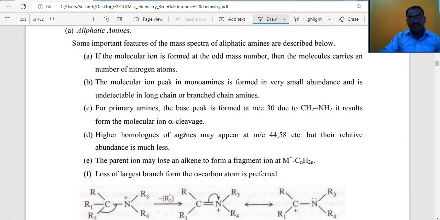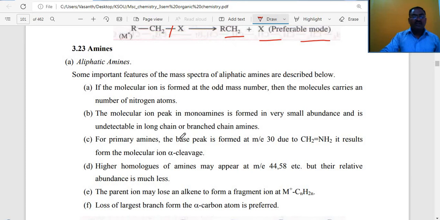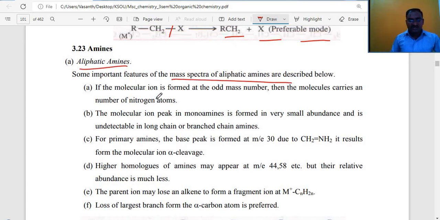Now the aliphatic amines. Some important features are discussed here. If the molecular ion is formed at an odd mass number, then the molecule carries an odd number of nitrogen atoms. The molecular ion peak in monoamines is formed in very small abundance and is undetectable in long chain or branched chain amines.